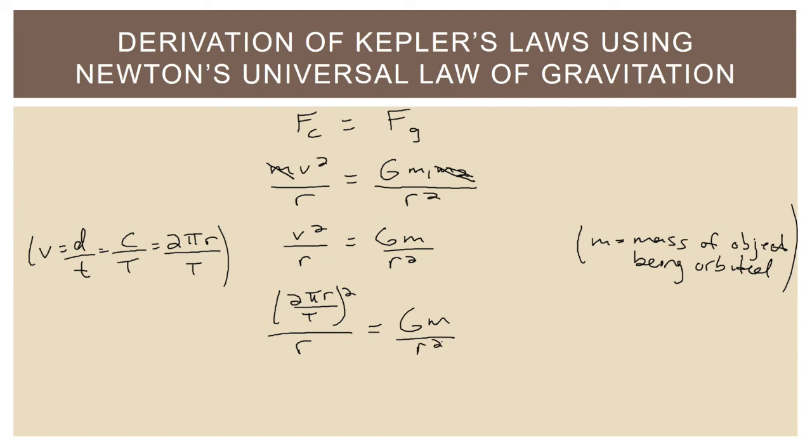That leaves us with a rather disgusting expression, 4, because we have to square this whole thing, 4 pi squared r squared over T squared, that just pops down to the denominator, times r equals GM over r squared. Of course, I've run out of room, so I'm just going to recopy that on the next slide.